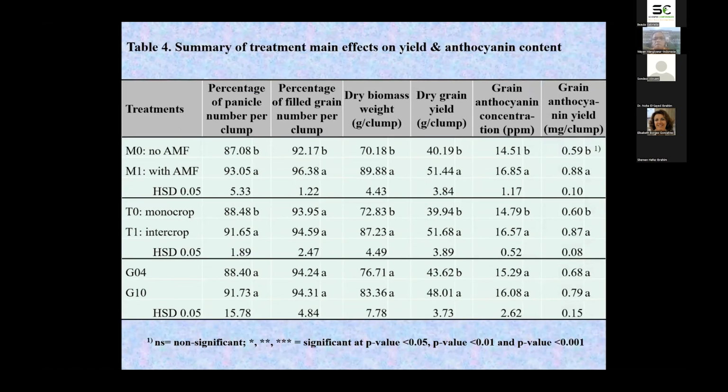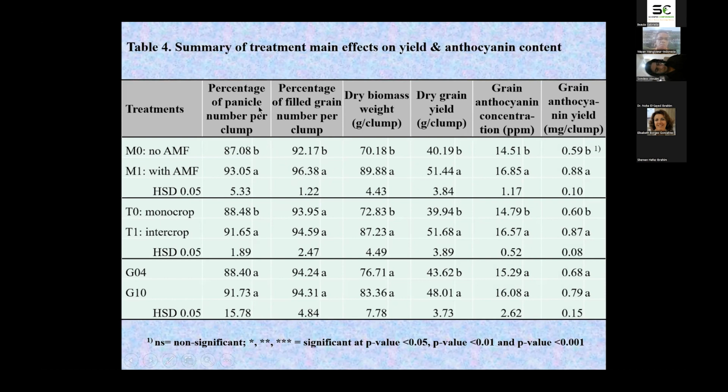These are for grain yield and yield components. So as we can see here, application of mycorrhiza biofertilizer, AMF, is arbuscular mycorrhizal fungi. It's a biofertilizer containing arbuscular mycorrhiza. This increases percentage of filled grain number.